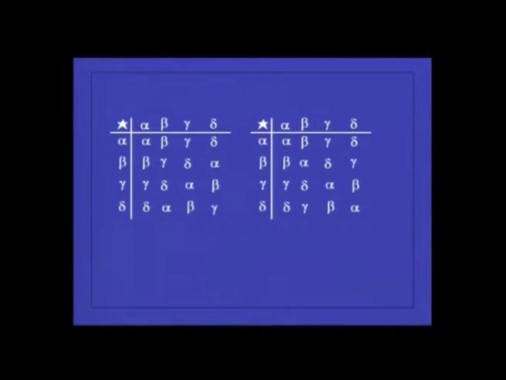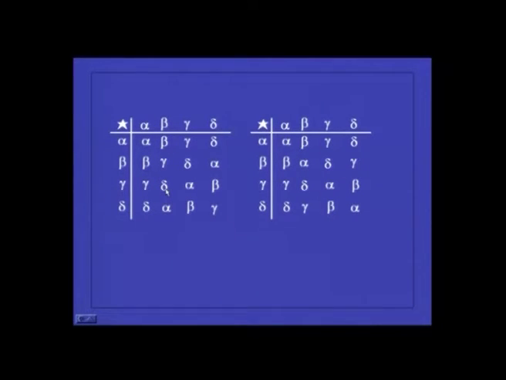So, look at these two tables. What is alpha? Alpha is the identity element. Take beta. What is beta squared? Beta squared is gamma. What is beta cubed? Beta cubed is beta squared into beta, that is gamma into beta, delta. What is beta power 4?